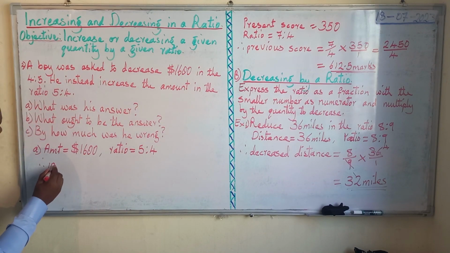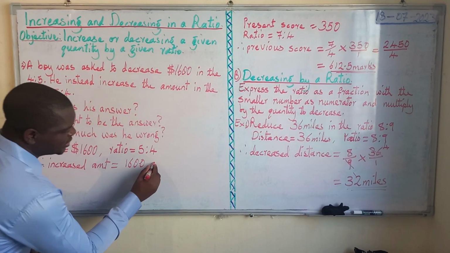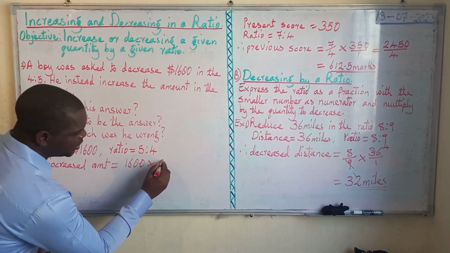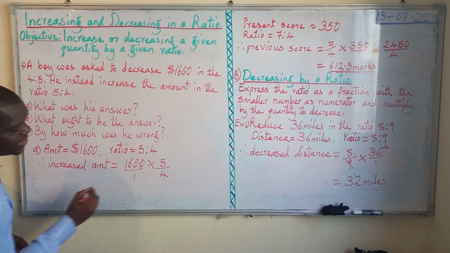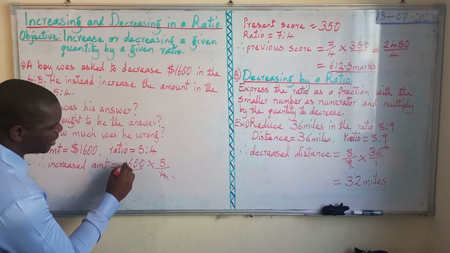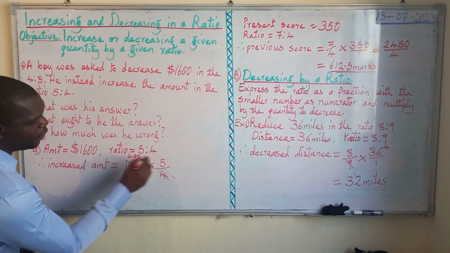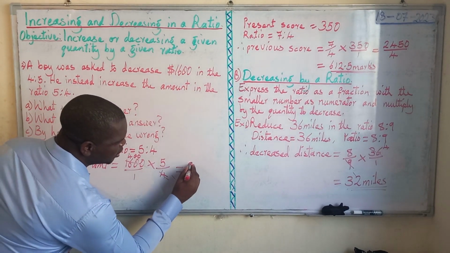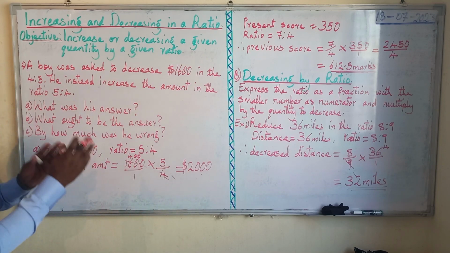Therefore, increased amount will be equal to $1,600 times, we are increasing, so the bigger number should be above and the smaller one below. You can express this over 1. 4 here 1 time, and 4 into 1,600 will be 400. 400 times 5 is going to give us $2,000. This is what his answer was.